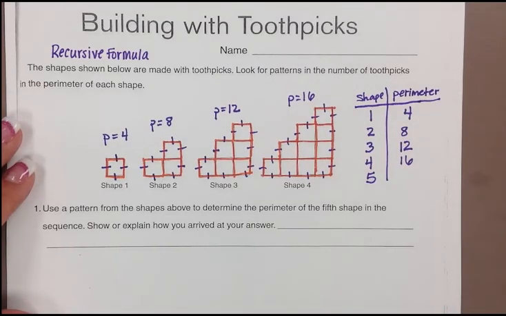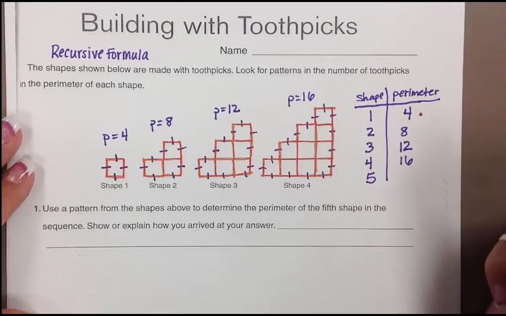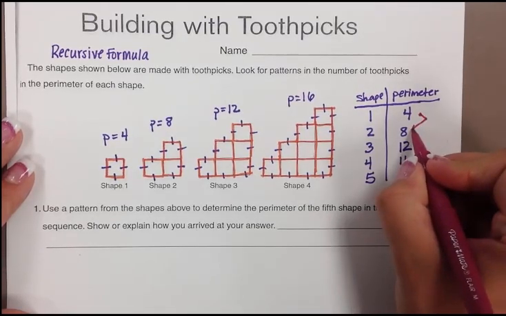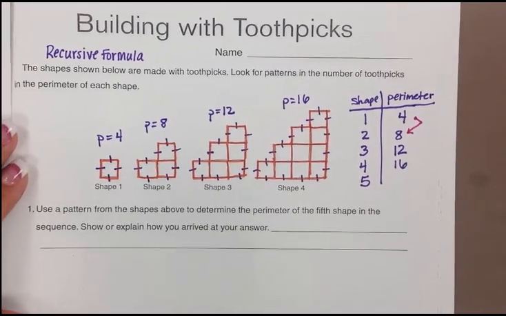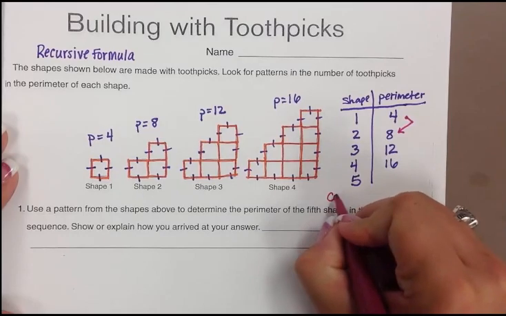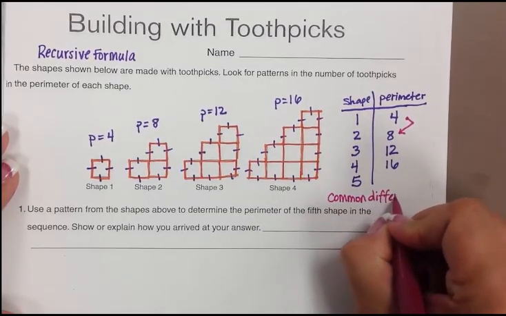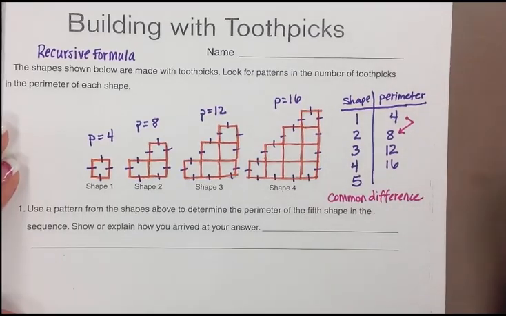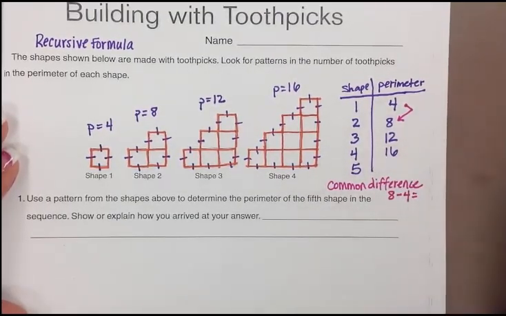So in order to figure out our pattern, we're going to start with our first term here at 4, and we're going to go to our next term. Our next term is 8. So we're going to figure out if we have a common difference. In order to find our common difference, we are going to take 8 minus 4.